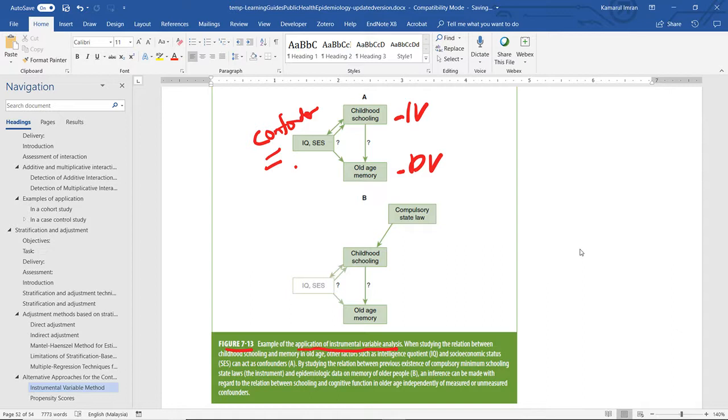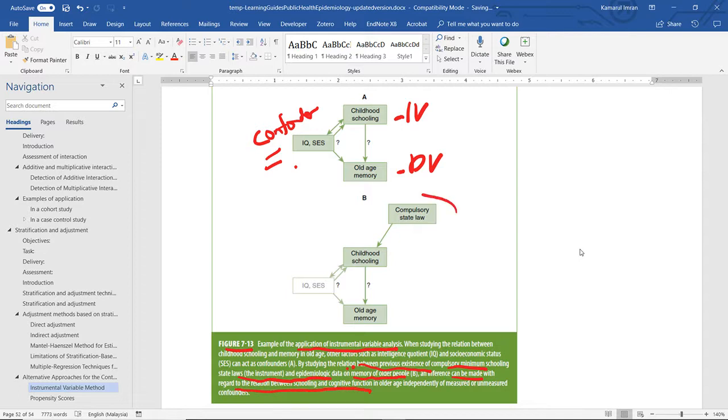What the figure tells you here is that by studying the relation between previous existence of compulsory minimum schooling state laws and epidemiological data on memory of older people, an inference can be made with regard to the relation between schooling and cognitive function.